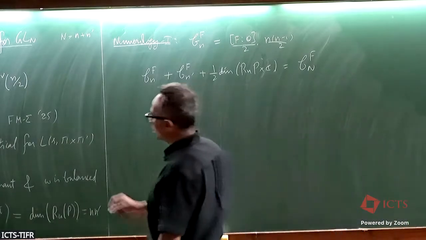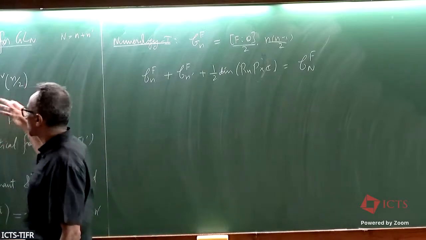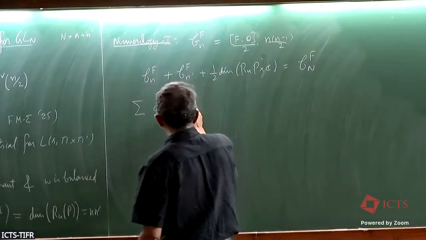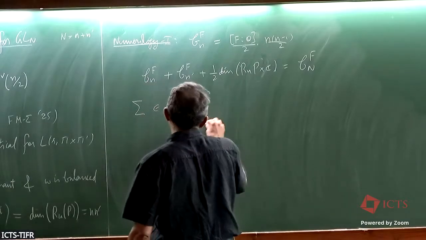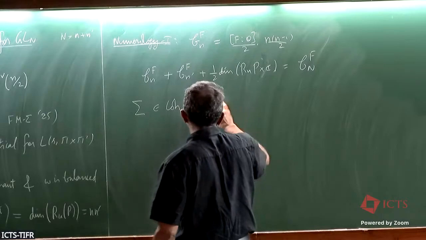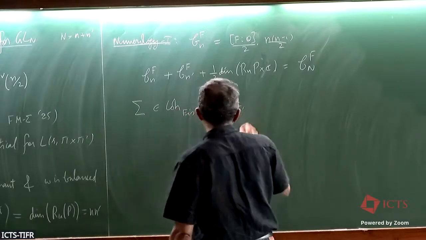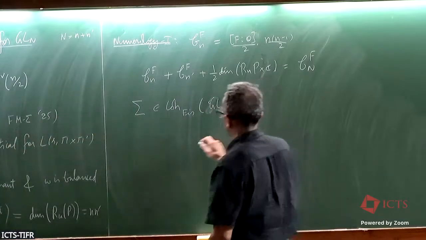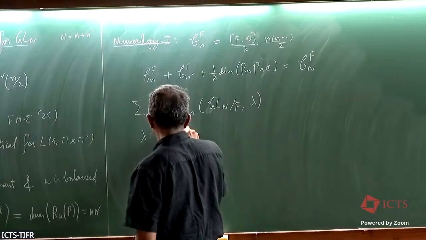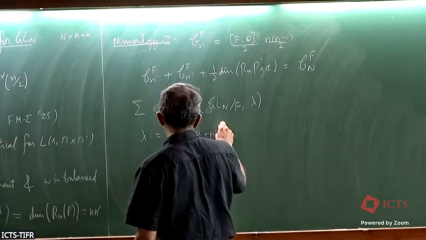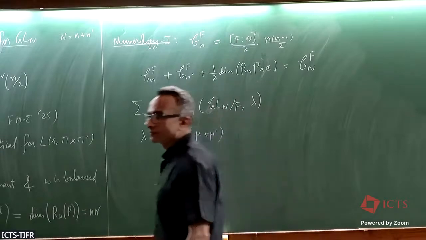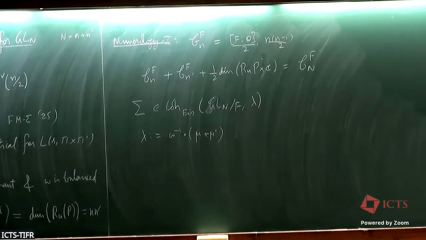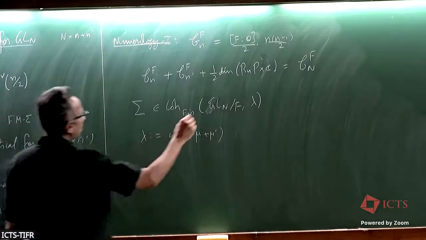So in particular, I can look at, even though this is not cuspidal, I can look at this guy contributing to Eisenstein cohomology for a locally symmetric space for the group GLN over F with coefficients in this lambda, where lambda by definition is W inverse mu plus mu prime. Okay, so there's a certain degree. This degree is going to play an important role that I'm looking specifically.